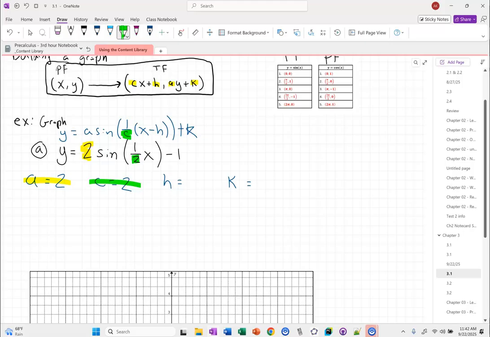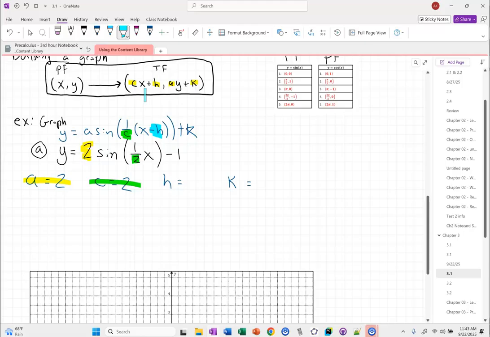Everybody okay so far? Gianna, can you tell me the value for h? So the h is this guy.